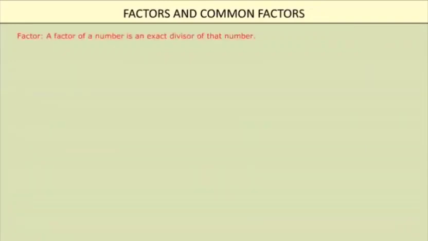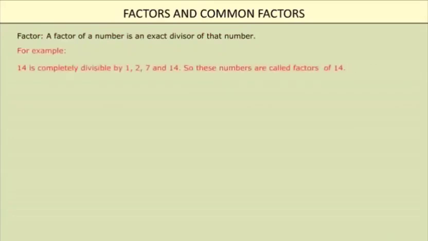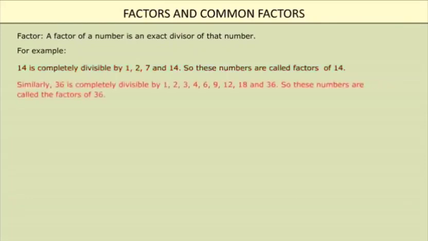Factor and common factors. Factor. A factor of a number is an exact divisor of that number. For example, 14 is completely divisible by 1, 2, 7 and 14. So these numbers are called factors of 14.